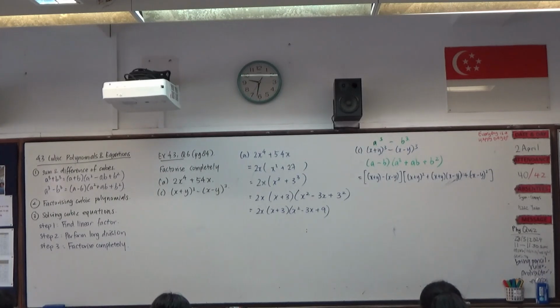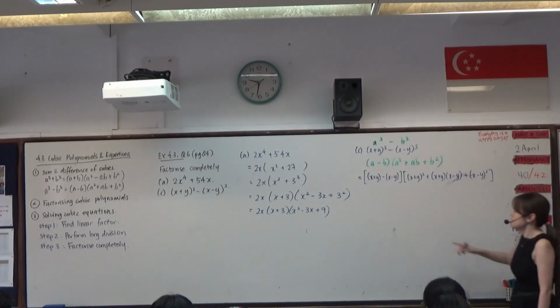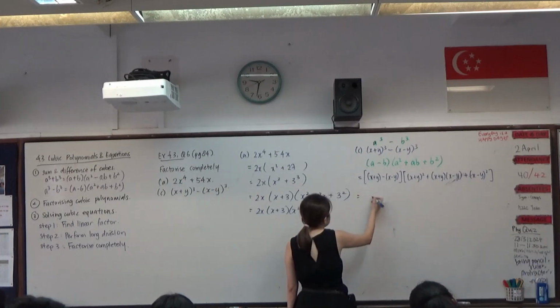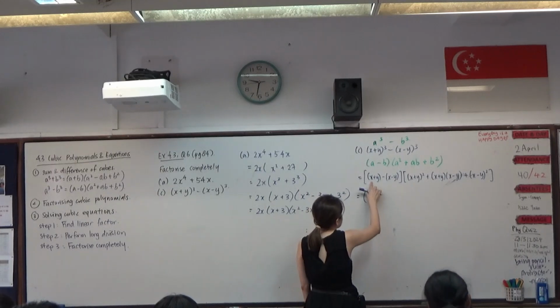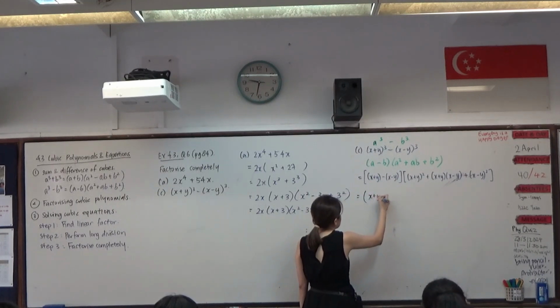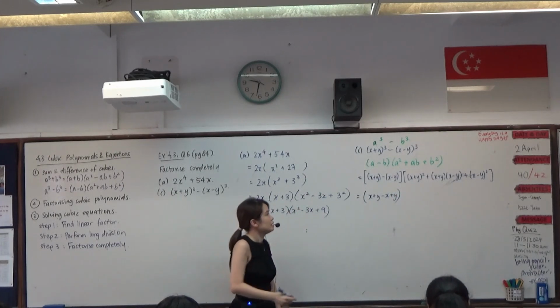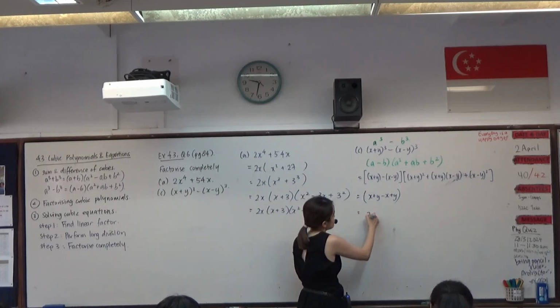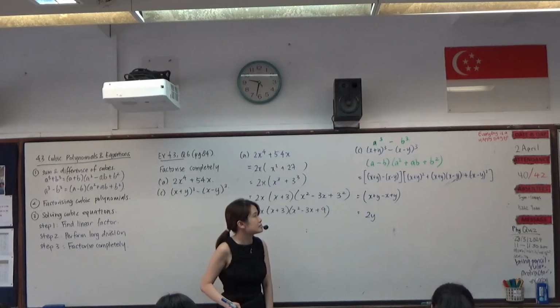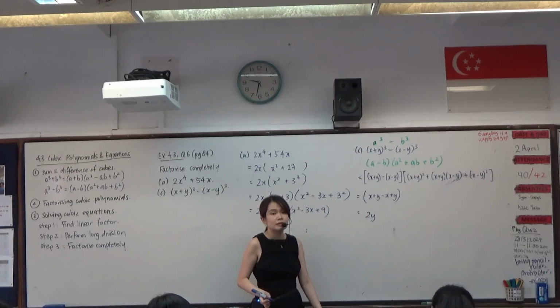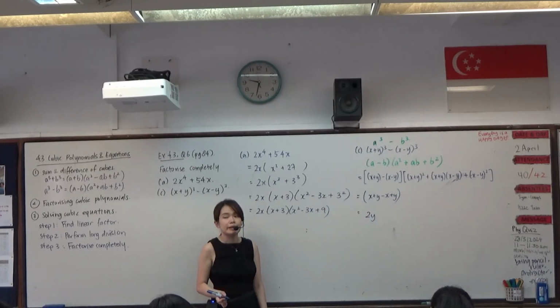Do we need to simplify this? Yes. For the first set of brackets here, I will have x plus y minus x plus y, for which it is just y plus y, because x minus x is 0, and then y plus y, we get 2y.